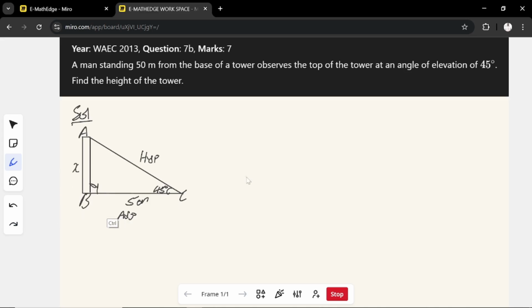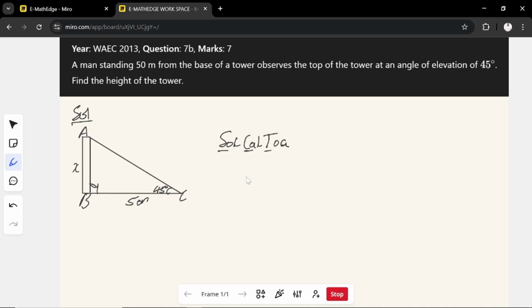So having known your sides of the angle, the next thing to do is to figure out what trigonometry ratio will best solve this problem. And you know your trigonometry ratio to be SOHCAHTOA, right? The SOHCAHTOA, where the sine stands for opposite all over hypotenuse, the cos stands for adjacent all over hypotenuse, while the tan stands for opposite all over adjacent.